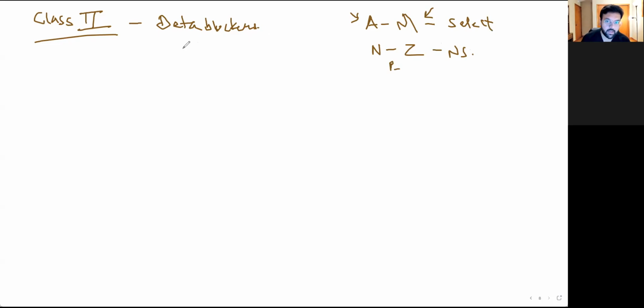So can you tell me one drug which is both alpha and beta blocker, which can be very useful for decreasing blood pressure as well as decreasing the heart rate? Labetalol.